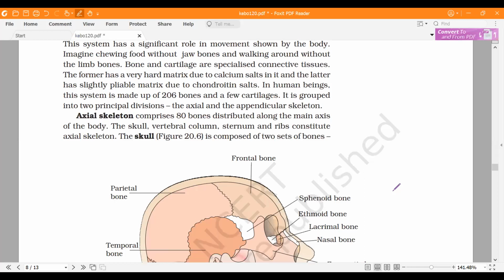So, Rahi, what do you want? What else do you want to cover from this chapter or anything else? About joints. Okay.